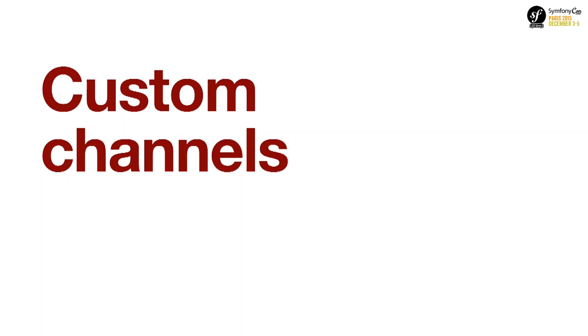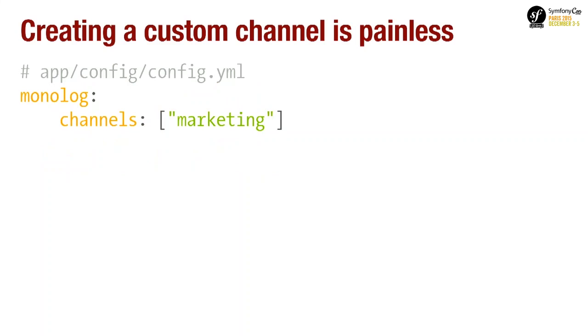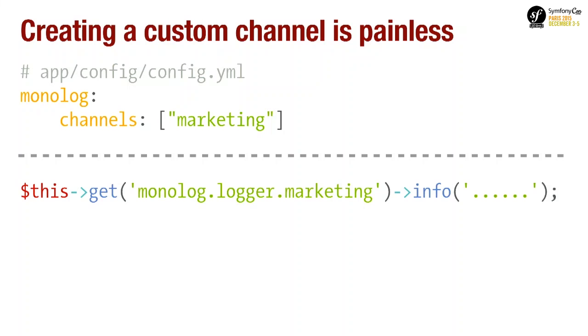To create a custom channel, you just need to do this. Boom, done. 5 seconds. That's it. That's a channel. For instance, marketing or security or clients or transactions or whatever is cool for your application. And then you can log in that channel like that.